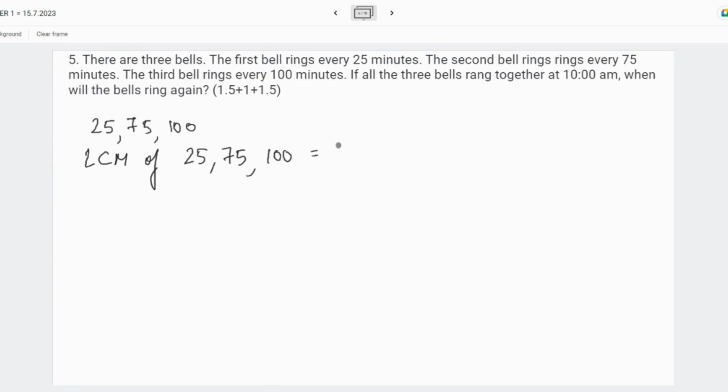Simply, it's as simple as that. When the stopwatch was at 0, the three bells rang together, and then after how many minutes will the bells ring again? For that we need to find the LCM.